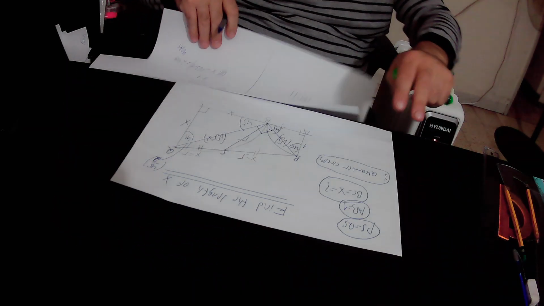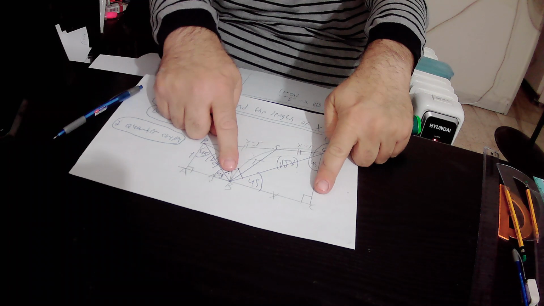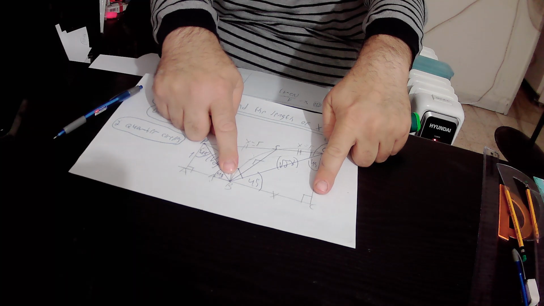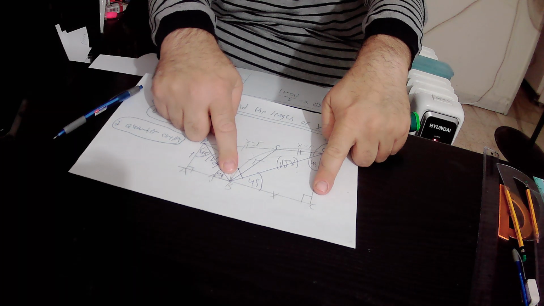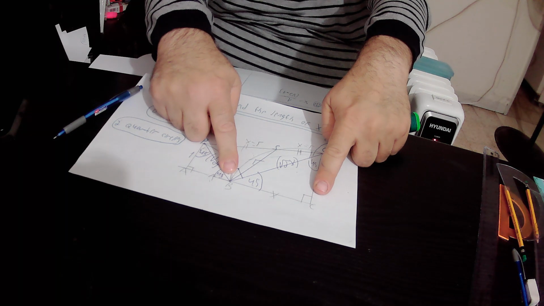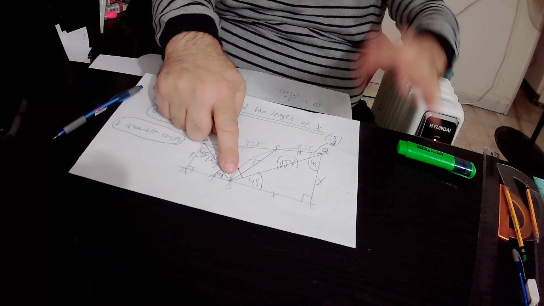Actually we found out that the length of this line segment BC, that is equal to x, is either square root of 2 plus 1 units in its length, or in terms of numbers, BC that is equal to x, is 2.414 units. Okay, and that is the answer to the question.